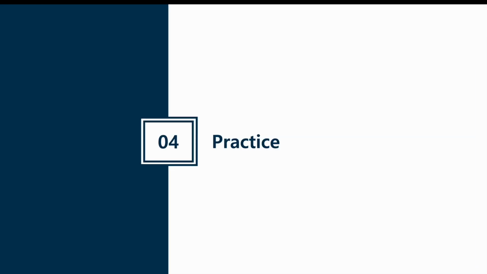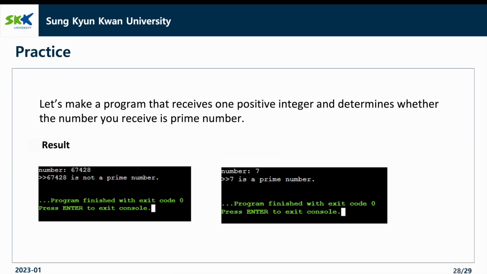So far, we have learned about conditional statements, iterative statements, and how to control the program using continue and break. Now, let's solve the questions using the things we learned earlier and wrap up the class. The contents of this exercise are as follows.